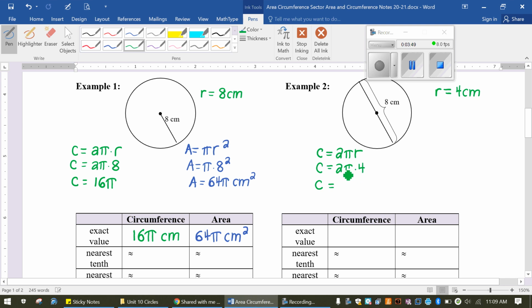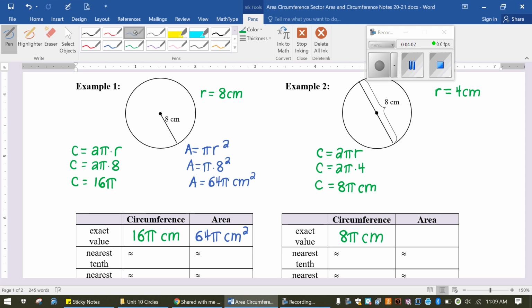Again, just multiply the numbers together and leave the pi next to it. And again, we have centimeters. So our exact circumference is the distance around, it's like a perimeter of a circle, is 8 pi centimeters.